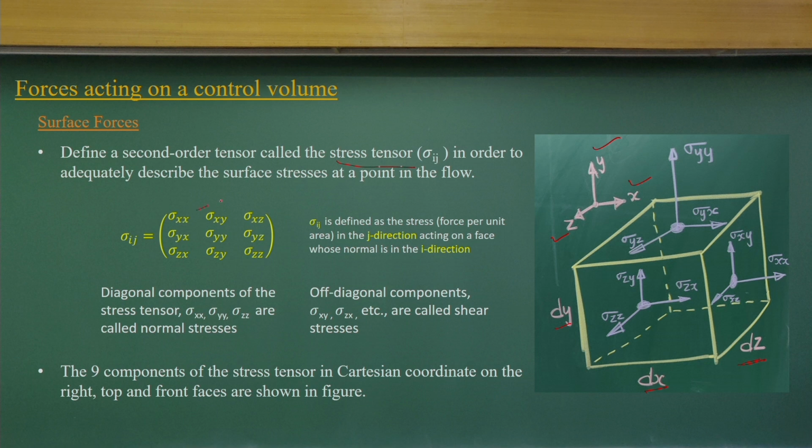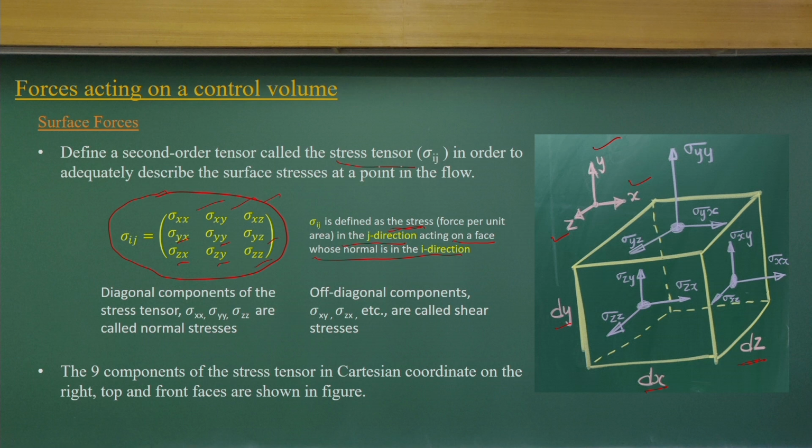The subscripts describe the stress in the j direction acting on the face whose normal is the i direction. This is a similar notation to what we use in solid mechanics, so the stress tensor defines the 9 stress components.